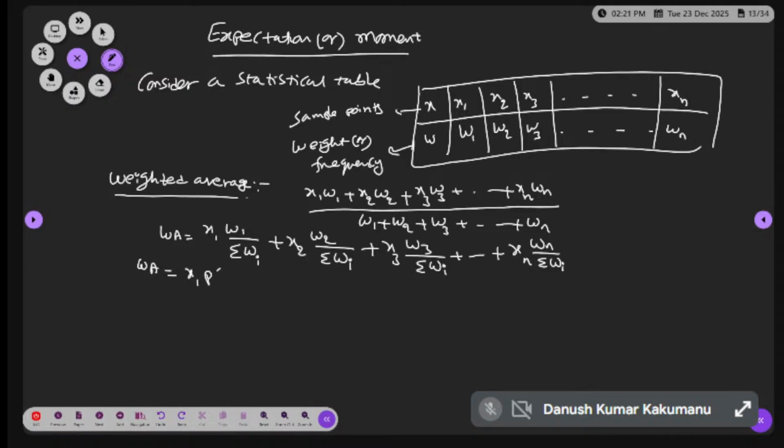x1 into p of x1, x2 into p of x2, x3 into p of x3 plus so on, plus xn into p of xn. Weighted average we are converting into the probability.